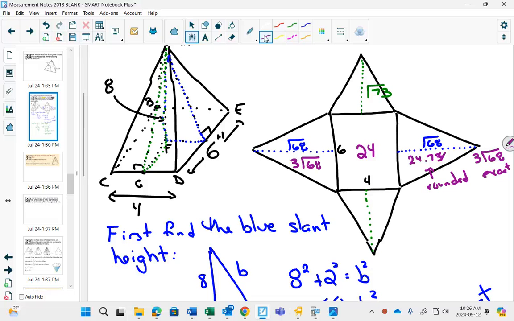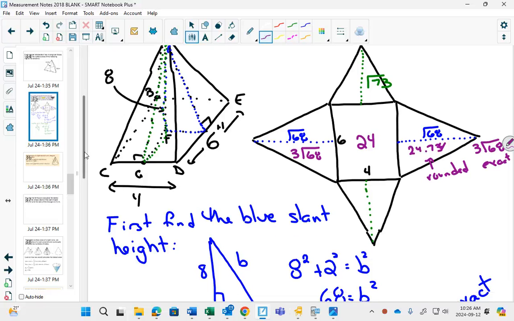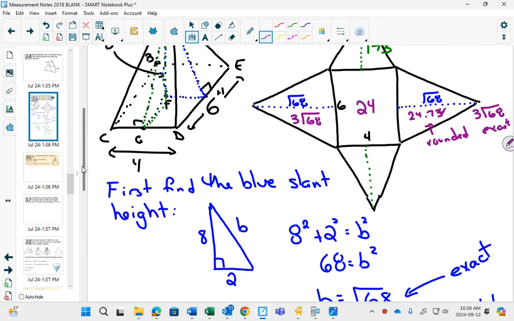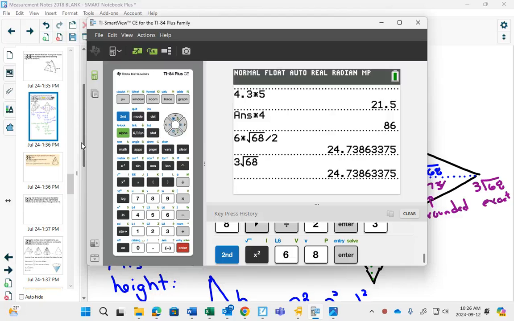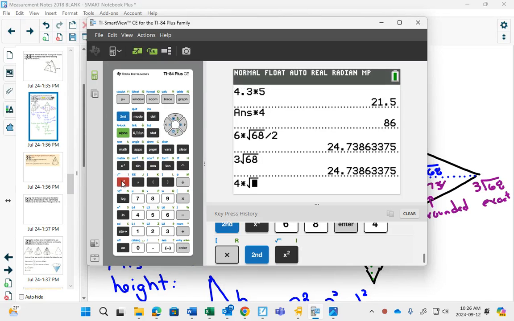So now we still also have to find the area of the green section. Once again, I would go to my calculator. The base of that one is 4 times the square root of 73, and then that will get divided by 2. Mathematically, when you're multiplying and dividing, you could do the 4 divided by 2 right away.